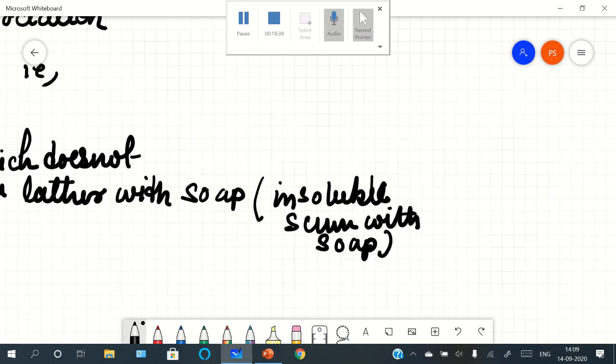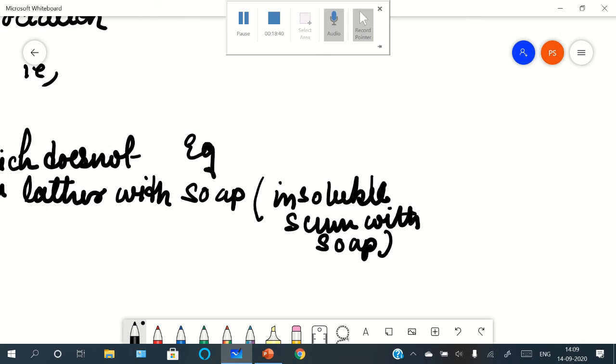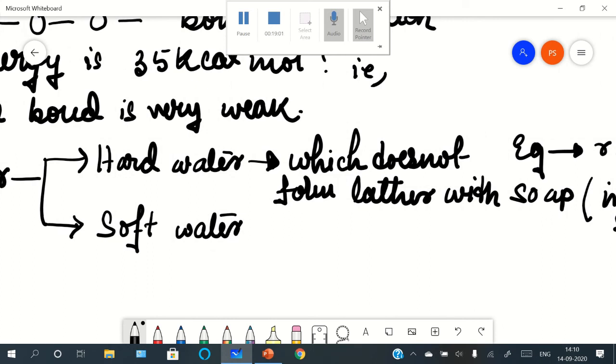Example: river water, sea water, spring water, well water, tap water, etc. These are examples of hard water. Then, what is the definition of soft water?